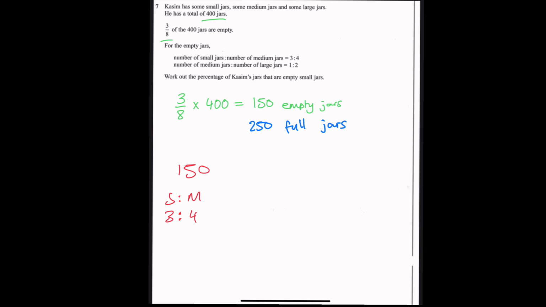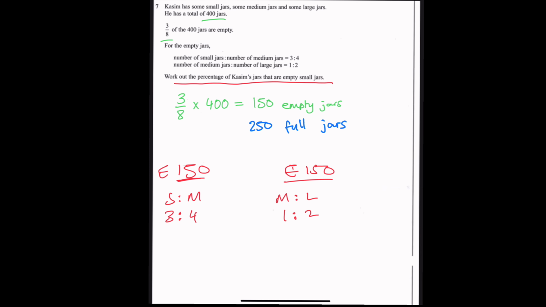Okay, and then still for the 150, for the empty jars, medium to large, M to L, is 1 to 2. So I'm asked to work out the percentage that are empty and small.